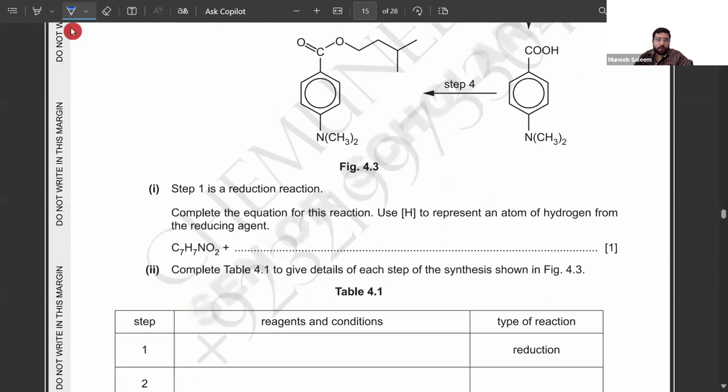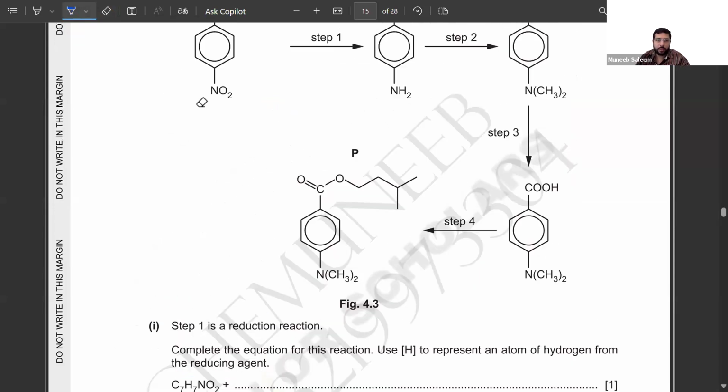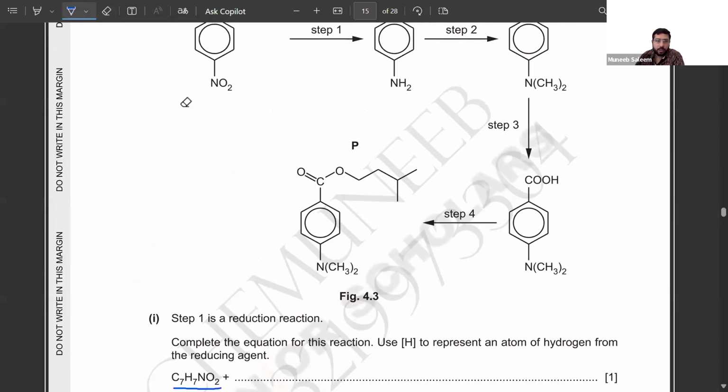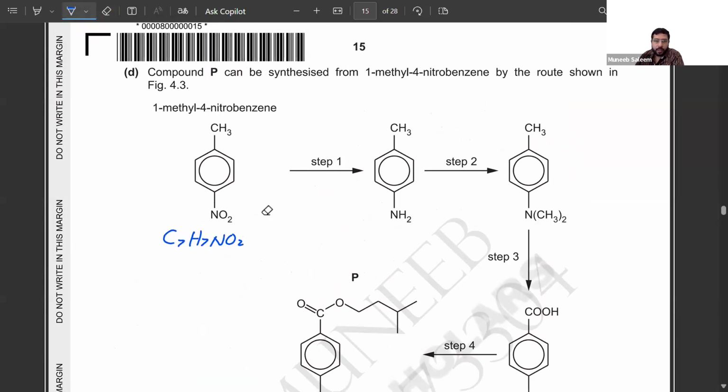compound. All right, so for this purpose, the simple way is to write a similar molecular formula over here to make it easier for you to write the equation. So C7H7NO2, that belongs to this compound, and it goes to this compound which has a molecular formula C7H7, and this part will be written later on, NH2 like this.